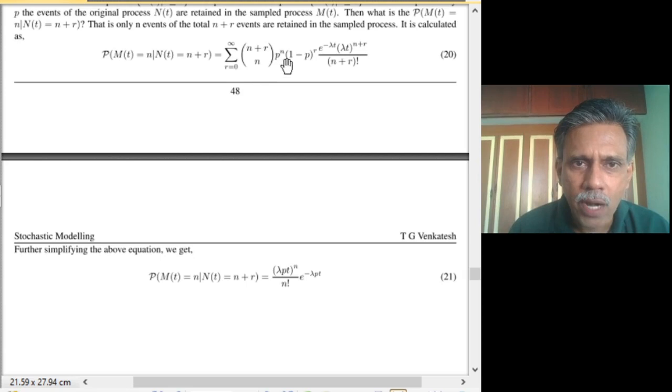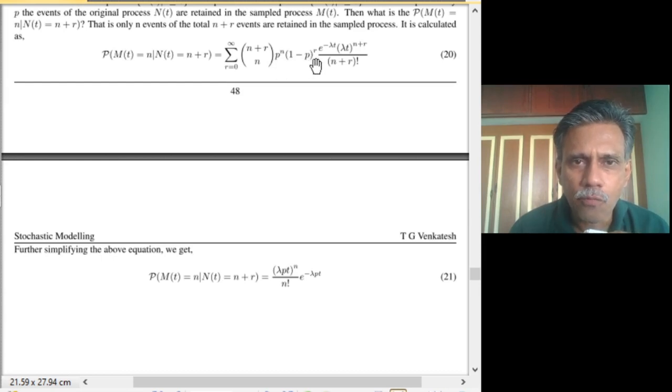And then we can split this into (lambda t) power n into (lambda t) power r, and they can be clubbed with these two things: (p lambda t) power n and ((1 minus p) lambda t) power r will be there.